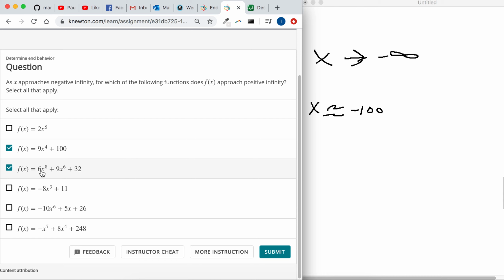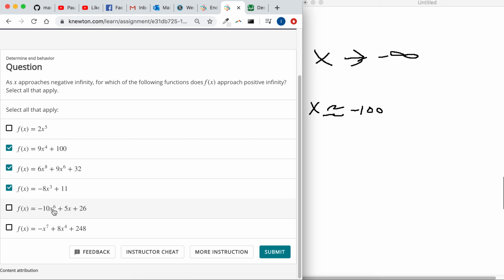That gives you a really big positive number, right? Negative 100 to the 8th power is a really big positive number, so that's approaching positive infinity. If you plug in negative 100 here for x, that gives you a negative number, but a negative number times a negative number is going to give you a positive. So this is going to be a really big positive number as well.